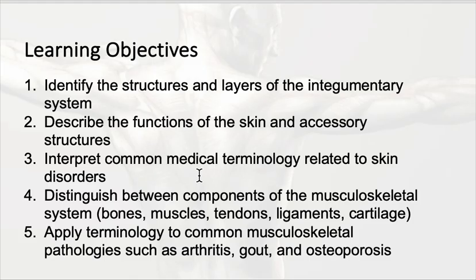And then we'll also talk about some pathologies. We've seen these words like arthritis, osteoporosis, osteoarthritis before, right? But we're going to talk more about some key characteristics of these conditions, symptoms, how they develop, how they appear, and what they look like in the body as they occur.